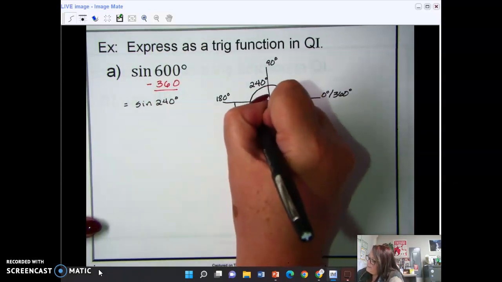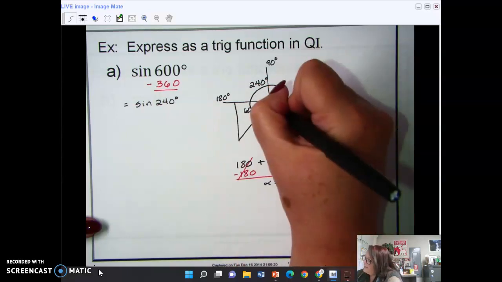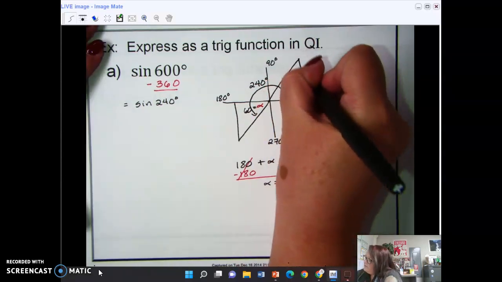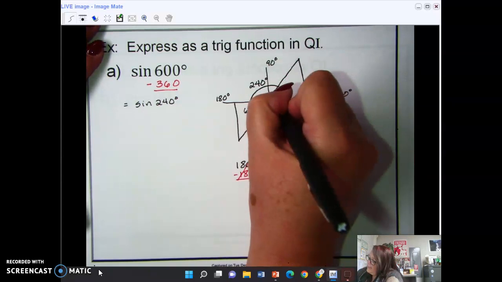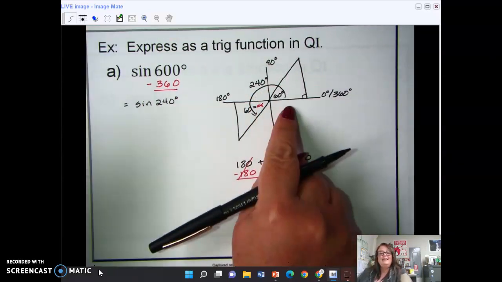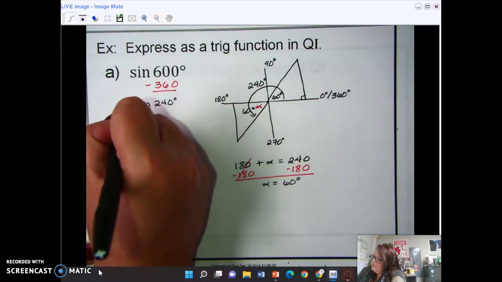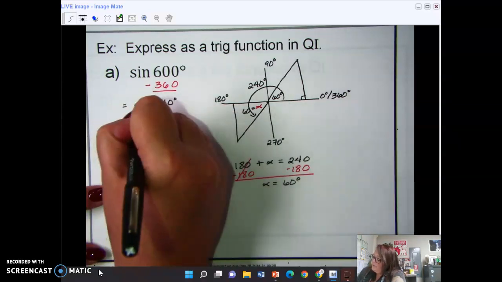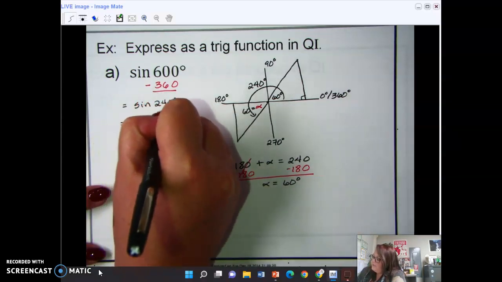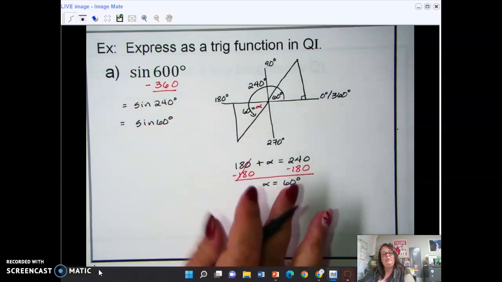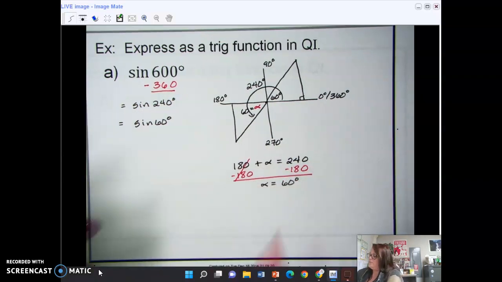So that means that if I draw a similar triangle in quadrant 1 with an angle of 60 degrees, I'm going to have the right ratio. I just don't know if I have the right sign, meaning positive or negative. So this is going to have the same absolute value as the sine of 60 degrees. And then I need to consider, what would sine be in the third quadrant?